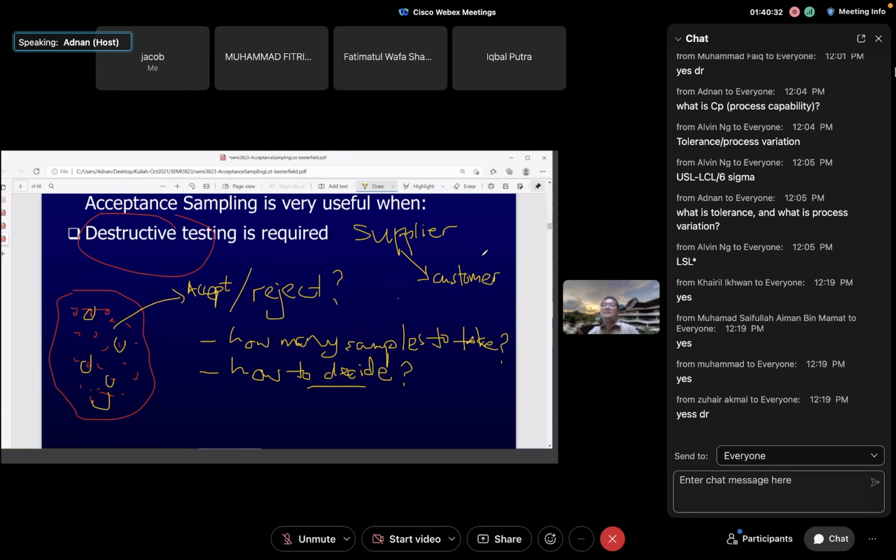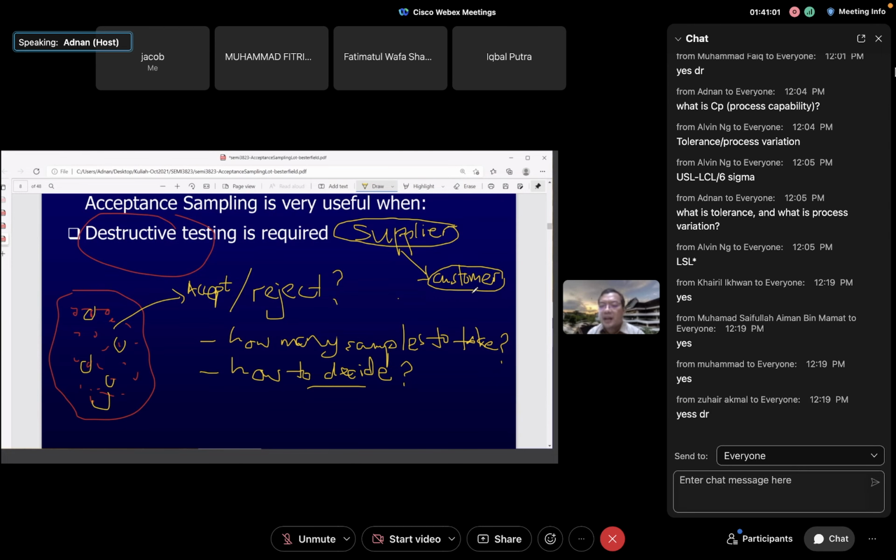You have some documentation for what you are ordering, and you have to agree with your supplier what system you want to use in decision making to accept or to reject. You cannot just simply reject. One trailer of material has been delivered to your company. Now you have to accept it, but you cannot accept it without inspection. You have to implement inspection. So how do you decide to accept or to reject?